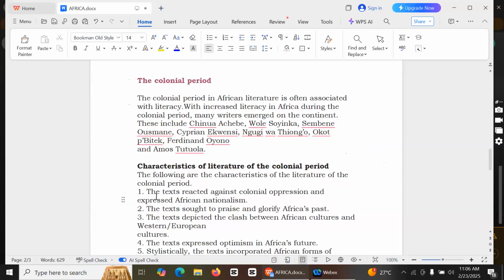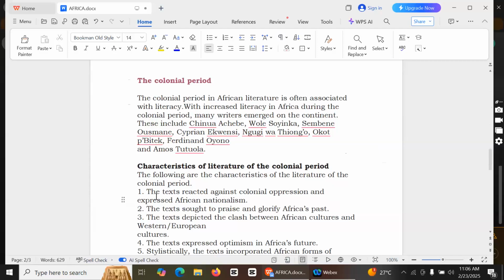Number two, the text sought to praise and glorify the African past. Also in their novels and stories, they showed how they longed for African culture.